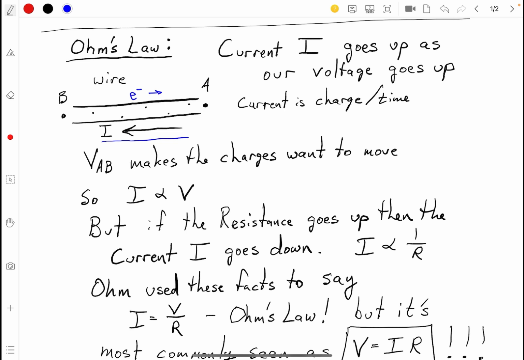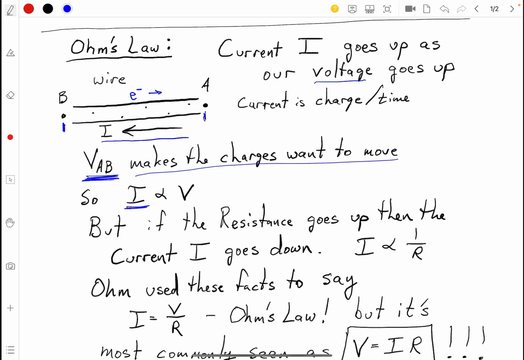But before we get to that point, let's just talk straight about our current and our voltage and our resistance, okay? So we can see that if the voltage goes up, so we've got some voltage between A and B, it makes the charges want to move.